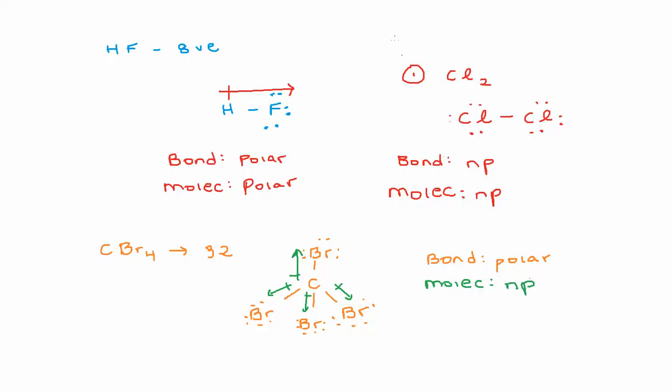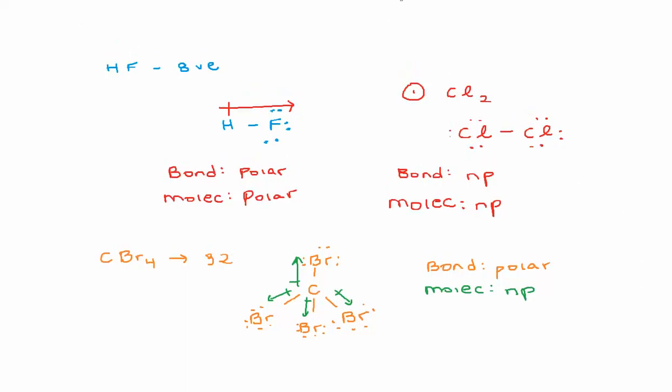Okay, just as a really quick review. The first thing is a bond. You can have different types of bonds, but for this purpose we're just talking about nonpolar and polar. If your bond is nonpolar, the difference in electronegativities is practically 0.